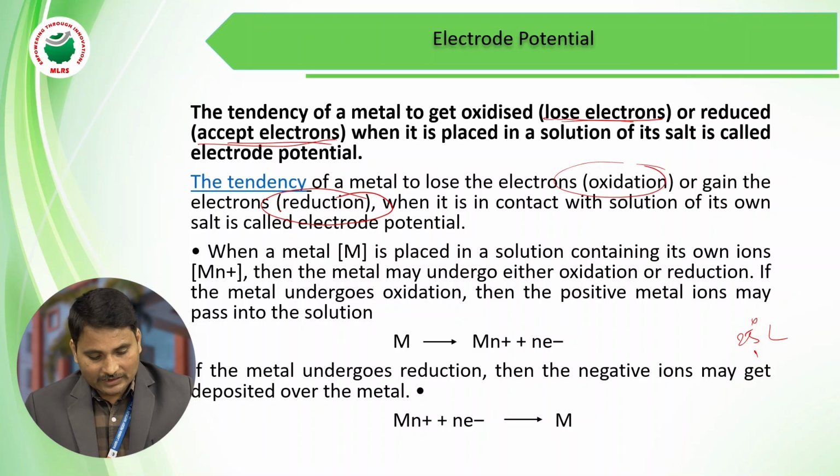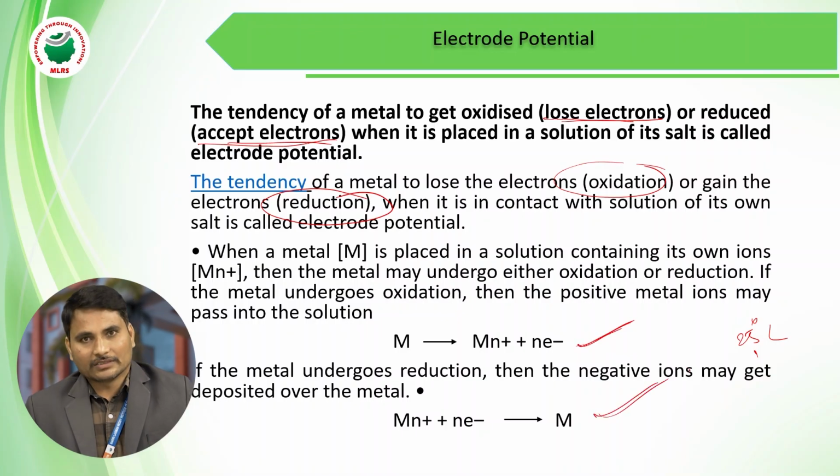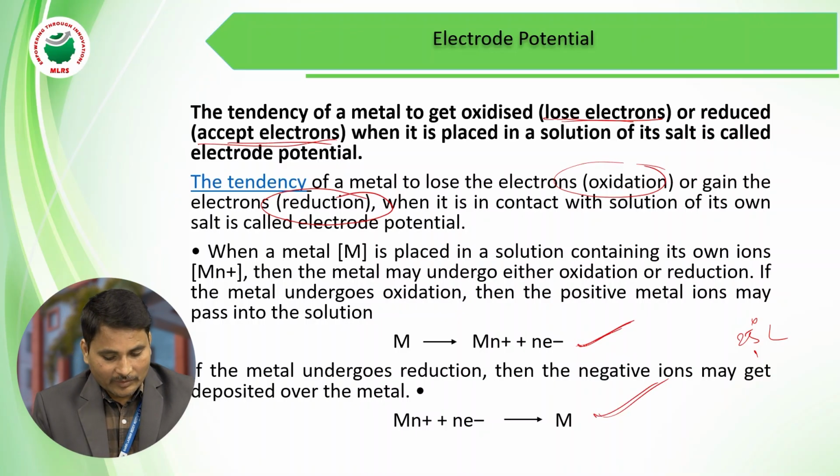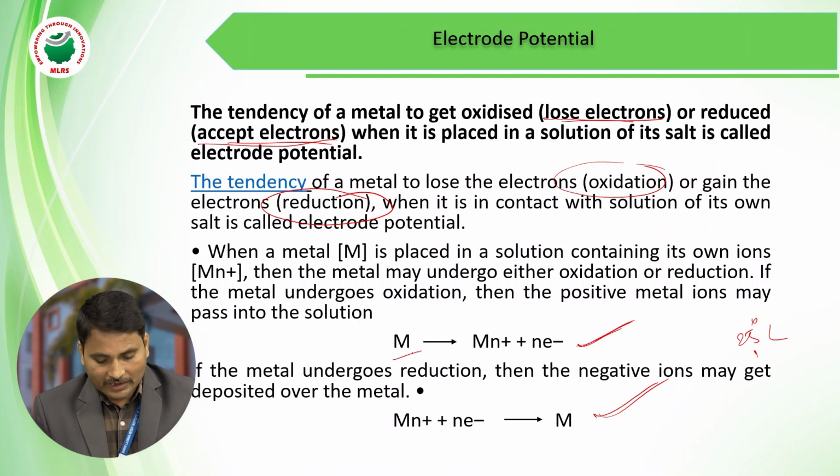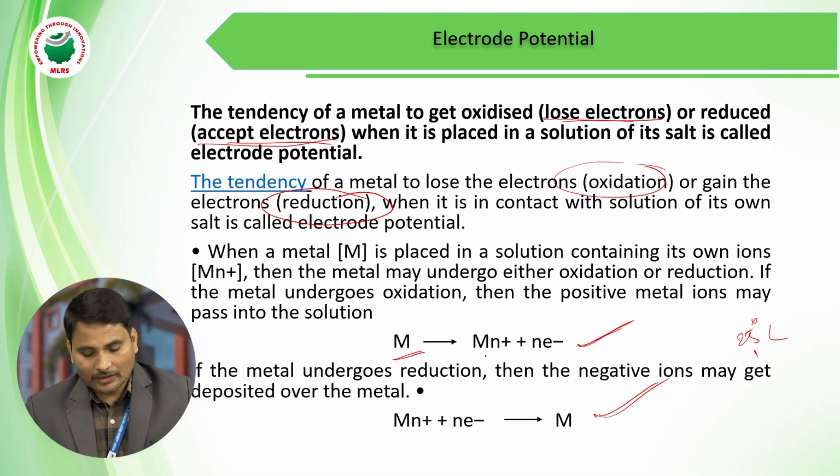So oxidation and reduction we will explain with the help of these two simple reactions. Here you can see, when a metal is placed in a solution containing its own ions, the metal may undergo either oxidation or reduction. If the metal undergoes oxidation, we get metal positive ions and free electrons.